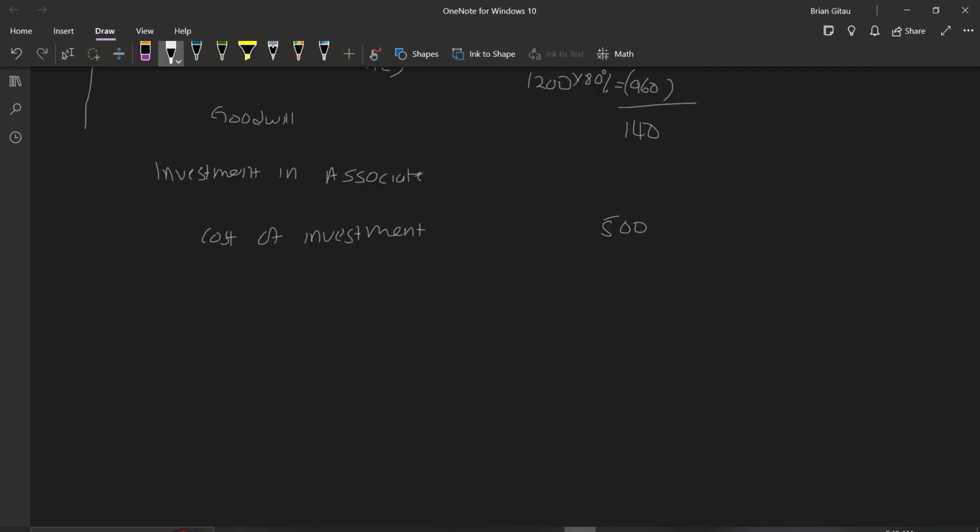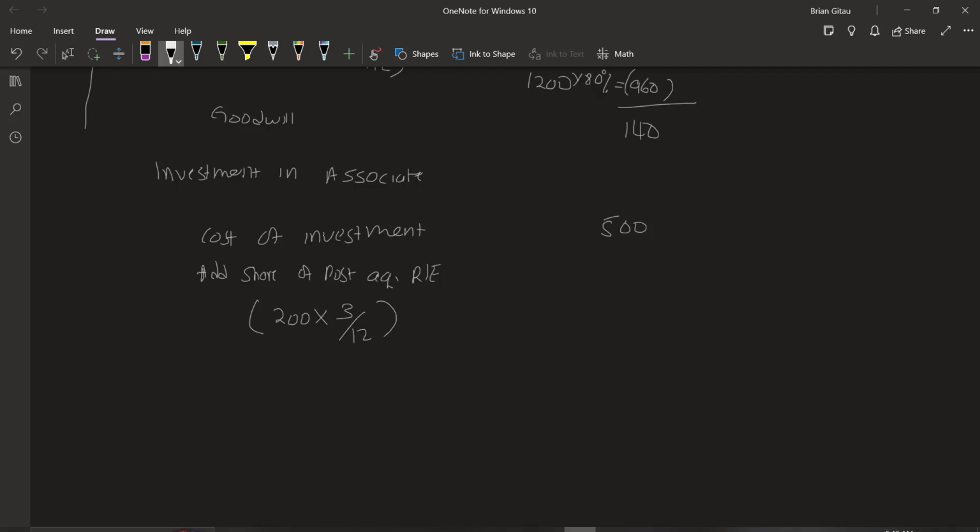And then we add share of post-acquisition retained earnings. For post-acquisition retained earnings after acquisition, we will take the retained earnings for the year given in the income statement, which are 200, times it was acquired only for 3 months, so our post will be 3 over 12.